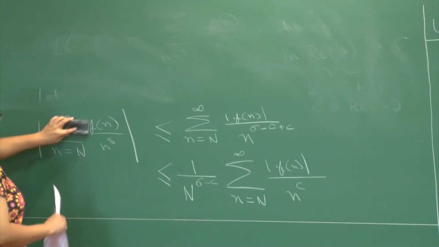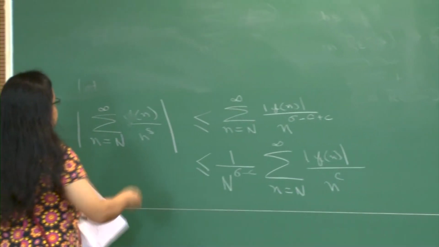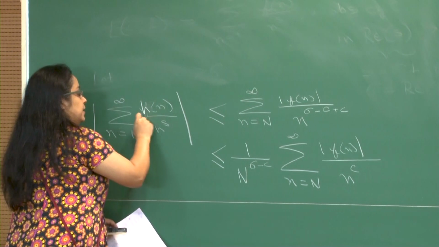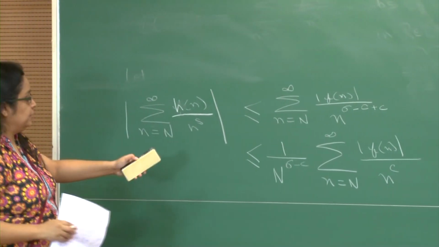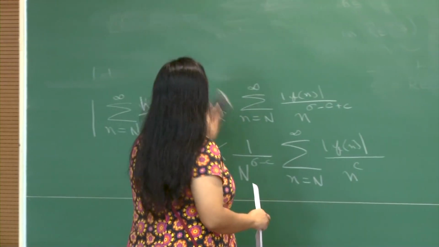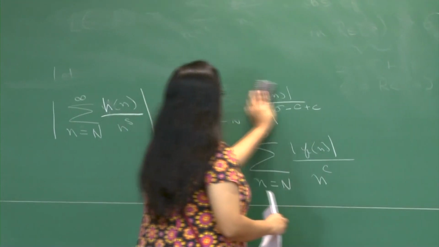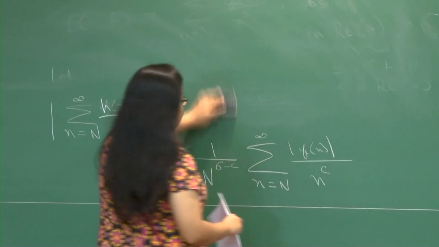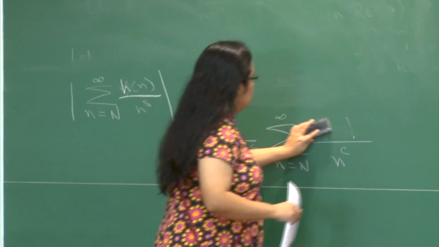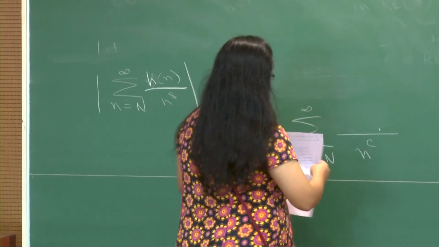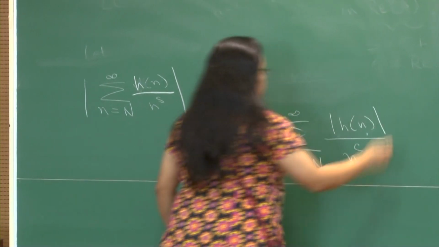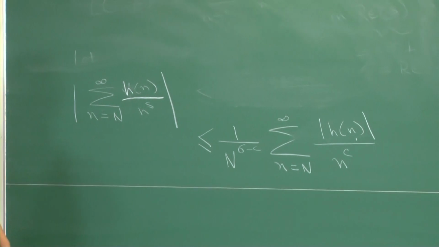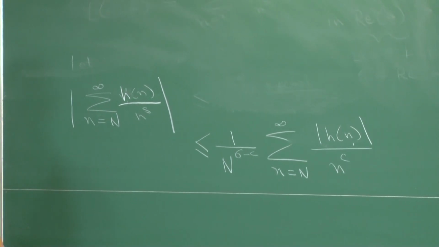Also, if we take the absolute value of h of n, this is certainly less than or equal to this quantity.